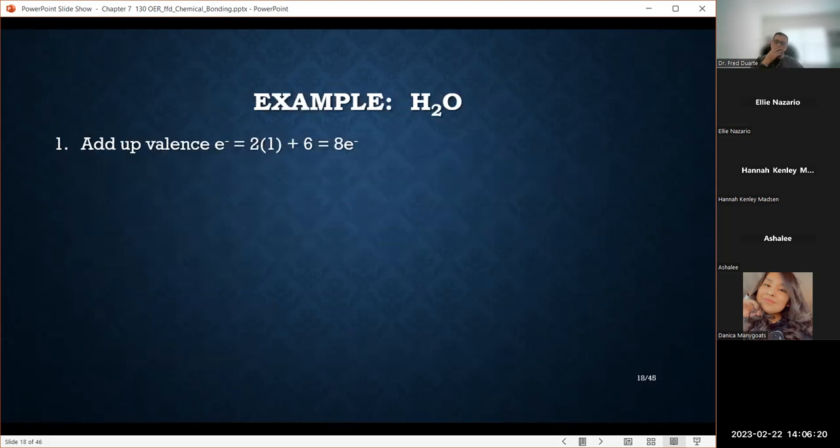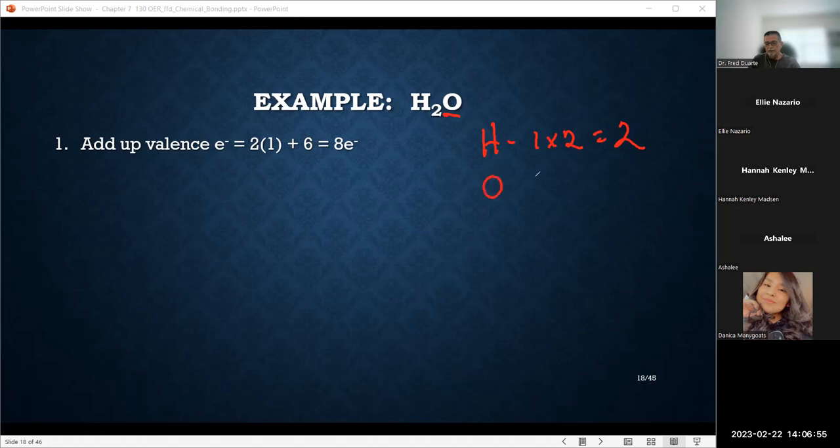So let's take a look at an example. This here, we have H2O. Now H2O is the formula. Hydrogen is the central atom. So what we do is we look up the valence electrons for hydrogen. We know that the valence electrons are 1, but there are 2 hydrogen atoms. So we have a total of 2 valence electrons for all the hydrogens involved.